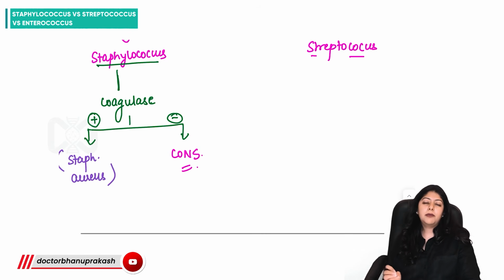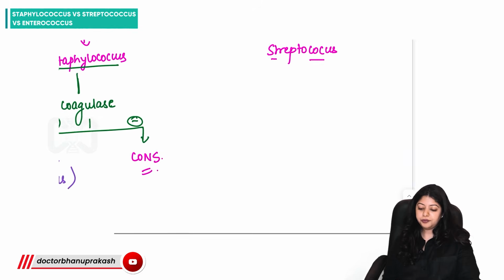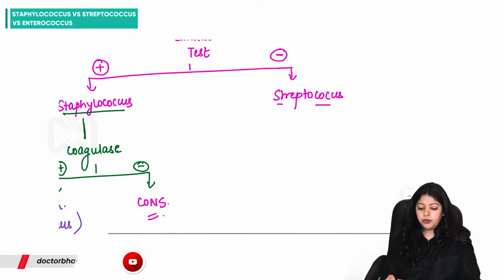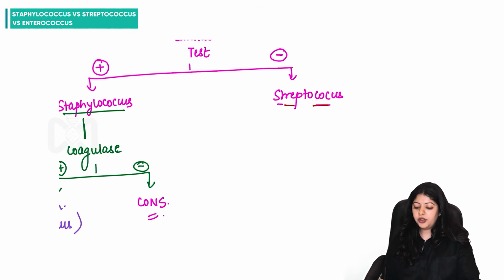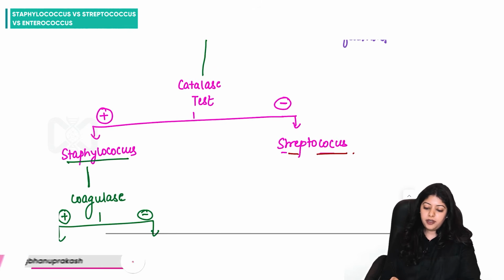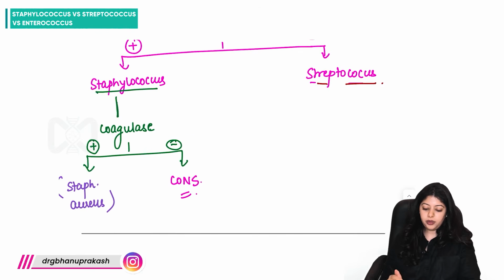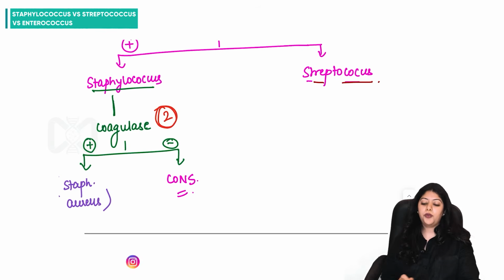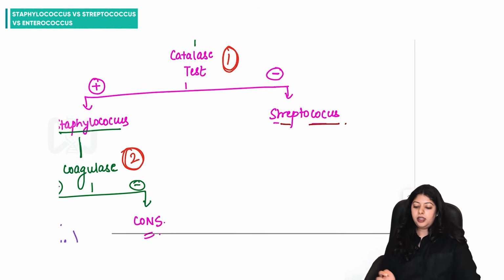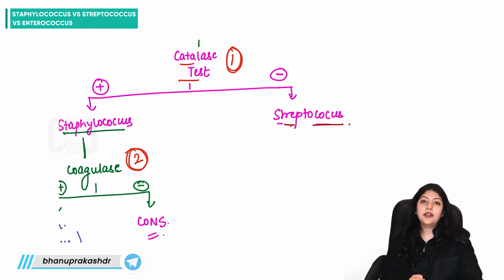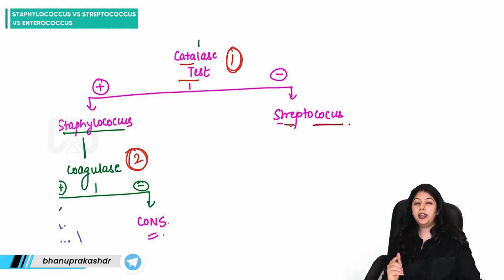So novobiocin susceptibility would be further used for identification of CoNS, right? So till now we have done two tests: the catalase test and the coagulase test. For a catalase positive we have already narrowed it down to coagulase positive Staph aureus and CoNS.